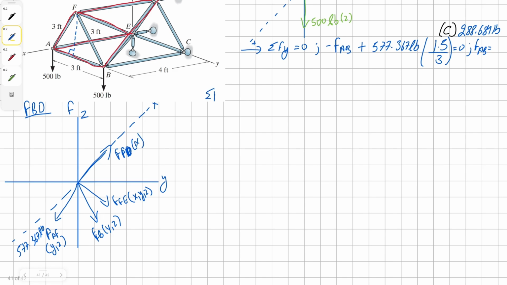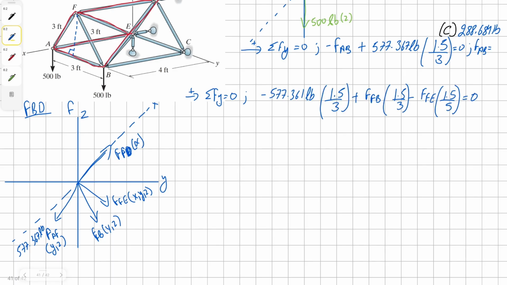To begin, we can start by summing the forces in the y direction, or along the y-axis. So we're going to have the y component of AF, FB, and FE. And solving this equation, we just have to solve for one of the unknowns. In my case, I'm going to solve for force FB.